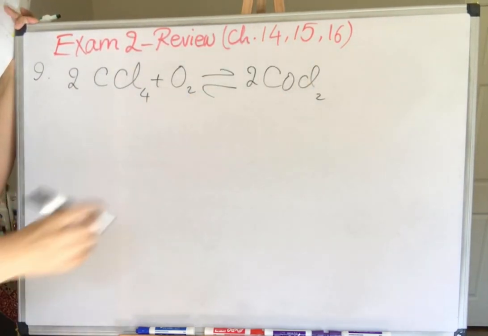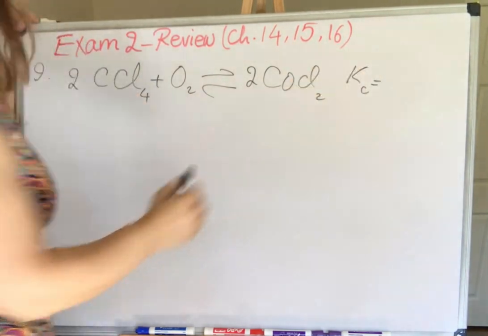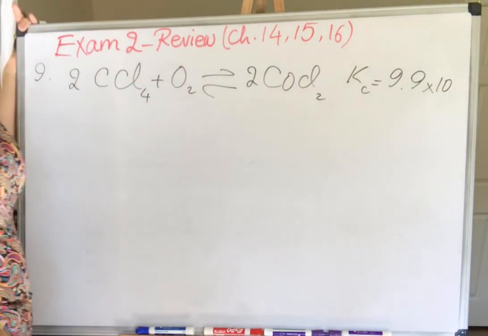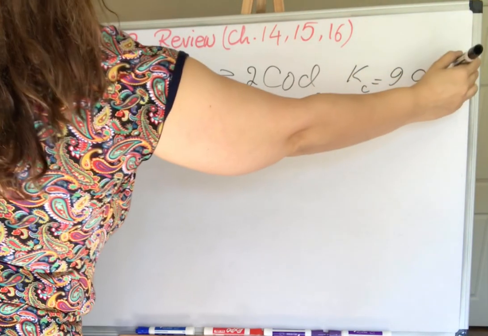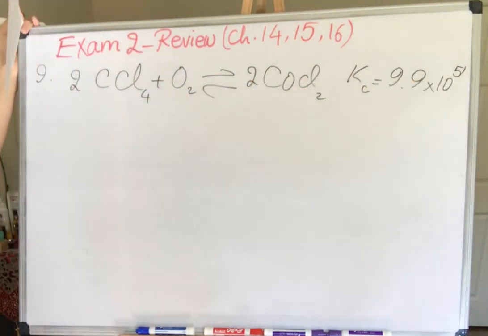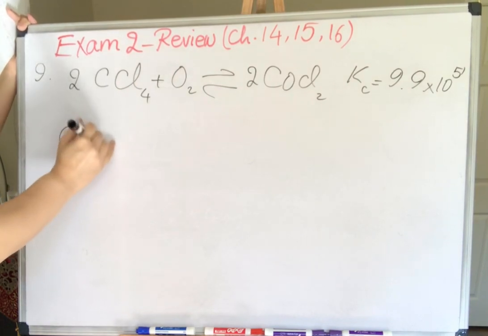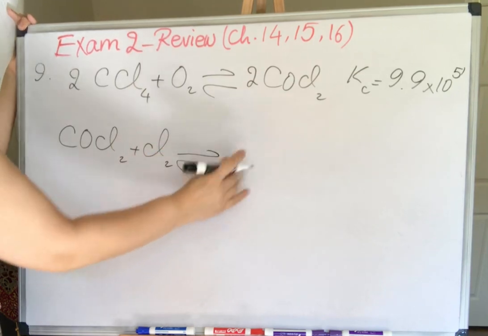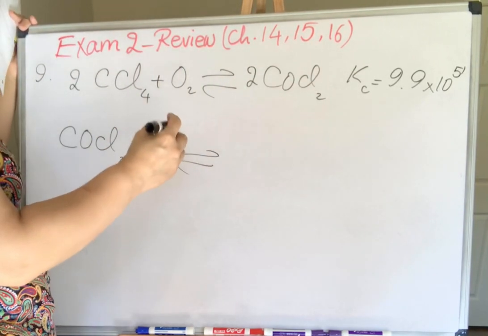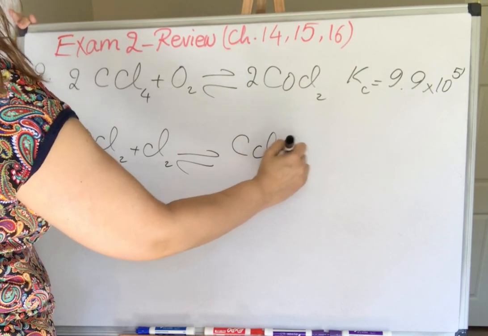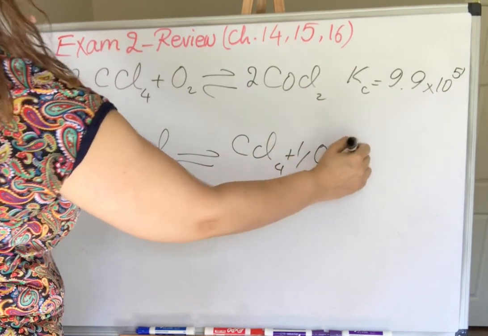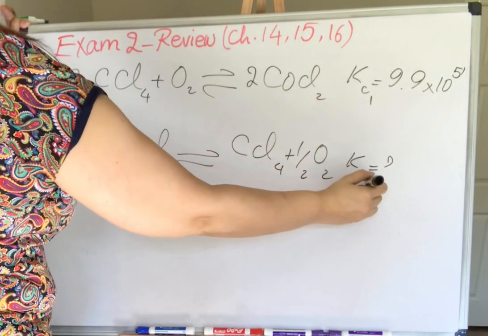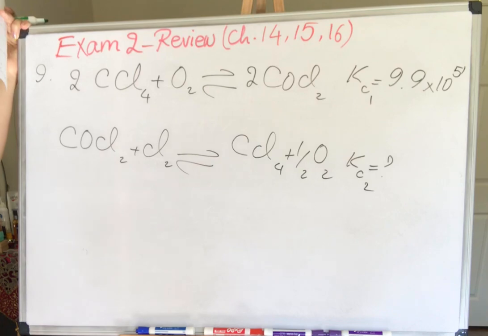This equation is given, and Kc for this equation is given as 9.9 times 10 to the 51. And we are supposed to find the equilibrium constant for this other equation. Let me number them as Kc1 and Kc2.